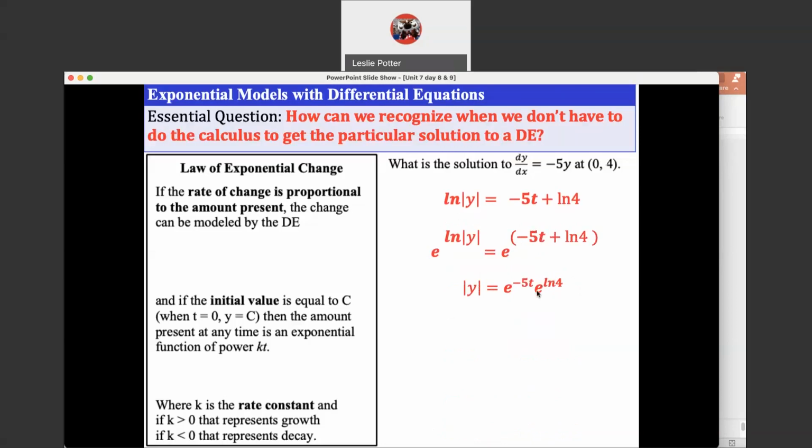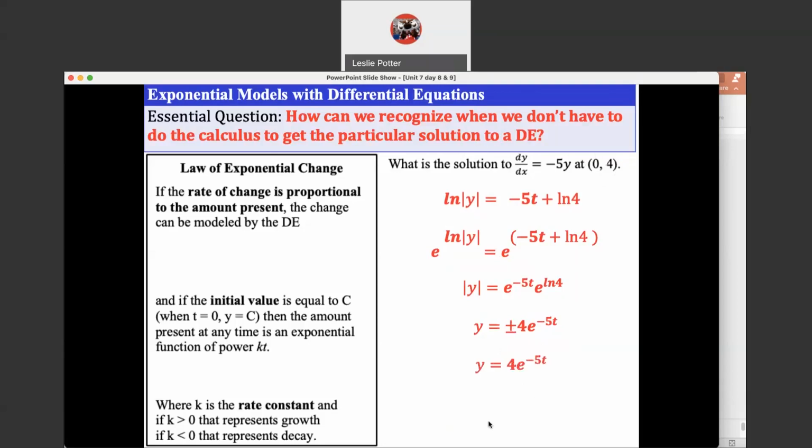We know e to the natural log 4 is just 4, and we're going to bring that out front here. So when we drop the absolute value signs, we get a plus or a minus, and we get 4e to the -5t. And then, of course, if this is our initial condition, we would choose the positive solution.